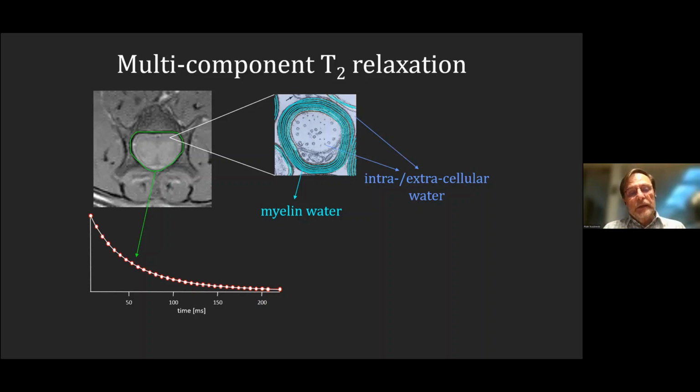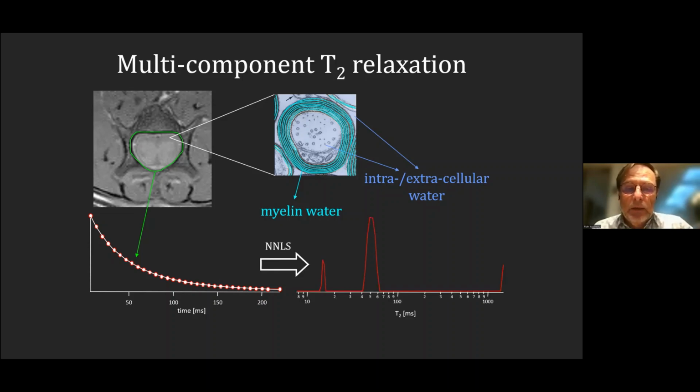So if we acquire multi-echo T2 decay data and apply an analysis technique called non-negative least squares fitting, typically with some kind of regularization, we generate the T2 distribution. And we can assign these different T2 components to different water compartments.